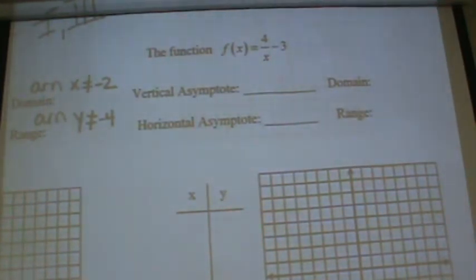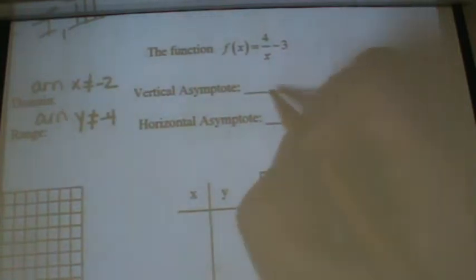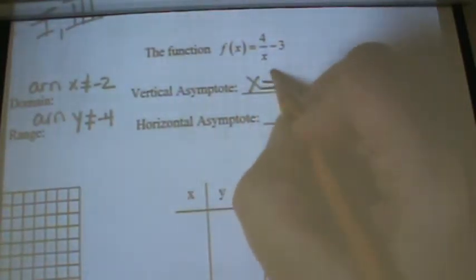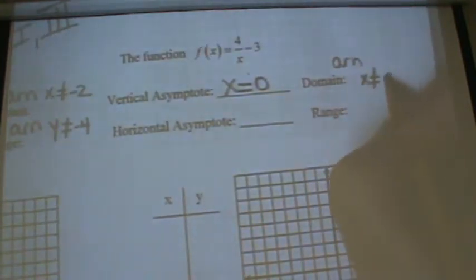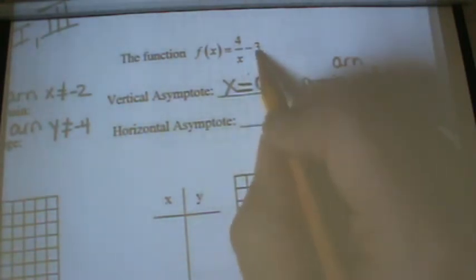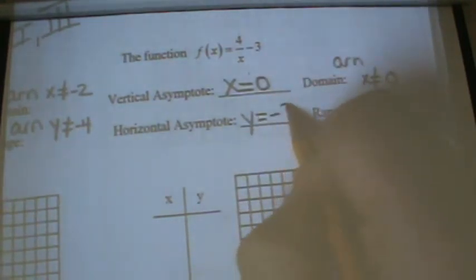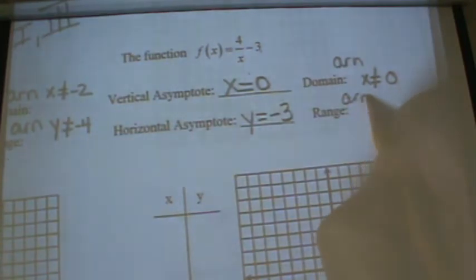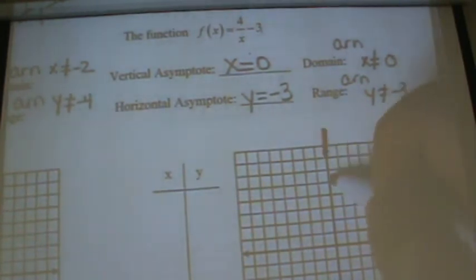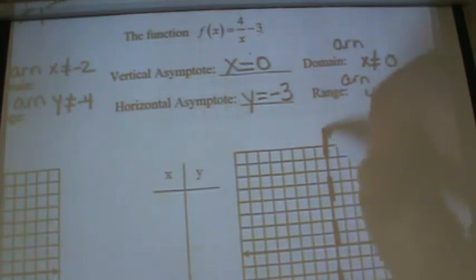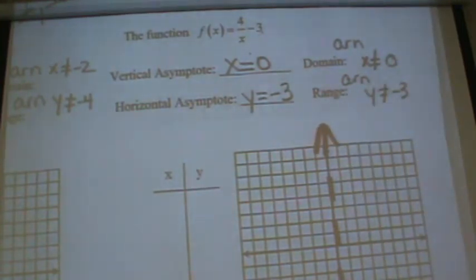What is your vertical asymptote? Isn't it 0? Good job. And what's your horizontal asymptote? So, we have our vertical asymptote is still the line x equals 0, like on the front page, and y equals -3. And where am I gonna go from here?